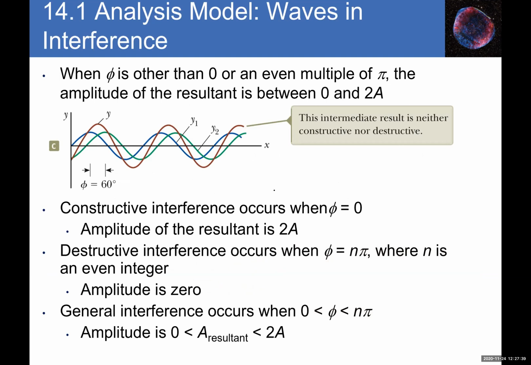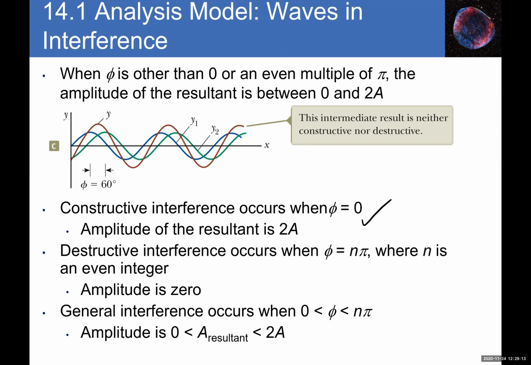That means it's neither the maximum amplitude nor zero amplitude, it's somewhere in between. Again, constructive interference occurs when phi equals 0, and the amplitude of the resultant is 2a. Destructive interference occurs when phi equals n times pi, where n is an odd integer. Amplitude here is 0.